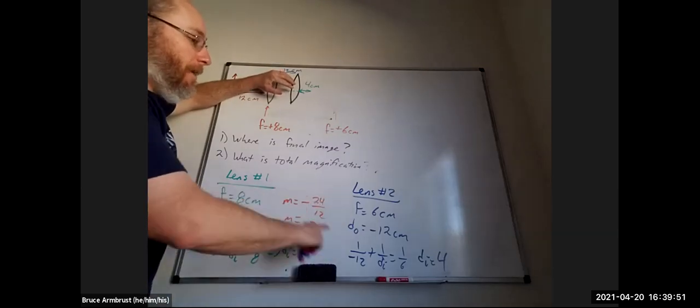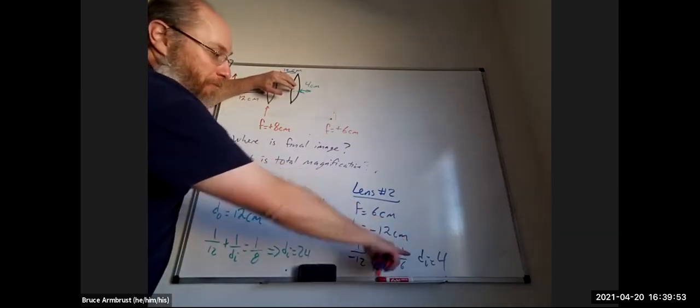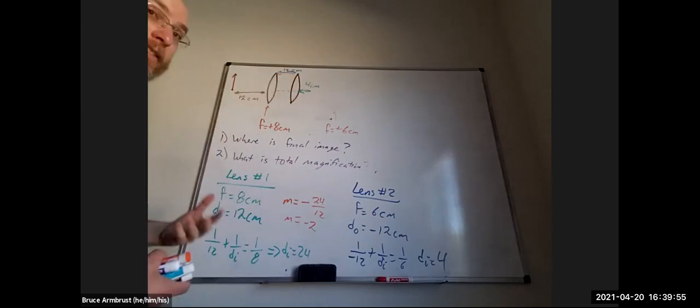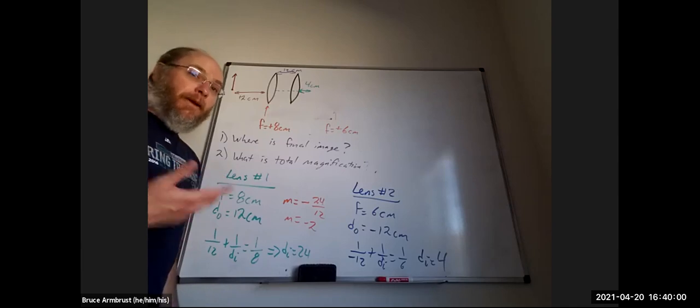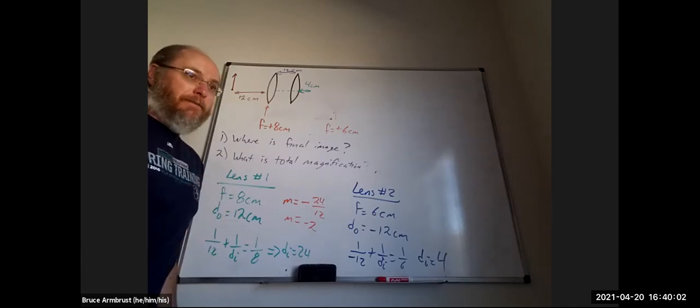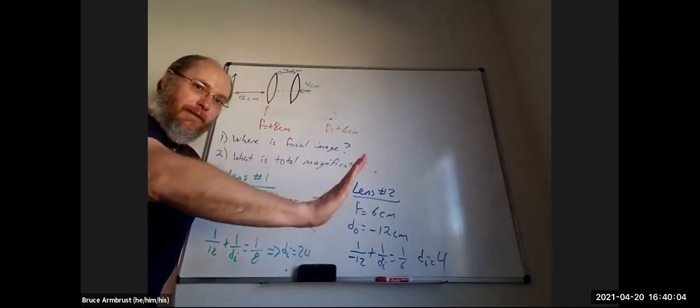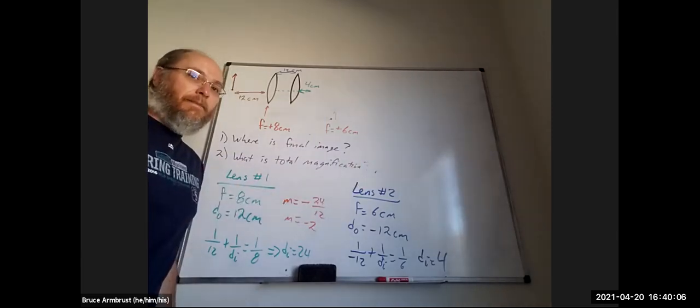And yet it's going to bring all that light to a place 4 centimeters away where we can see it. It means it's on the other side. Or just remember, if you have positive DI, it's on the other side of the lens. It's on the back side of the lens.